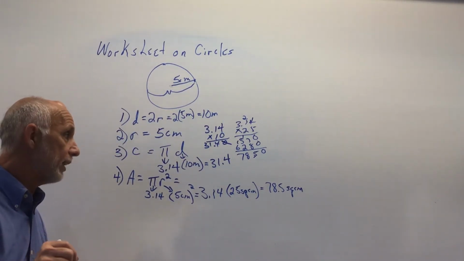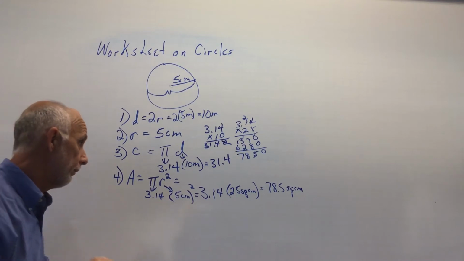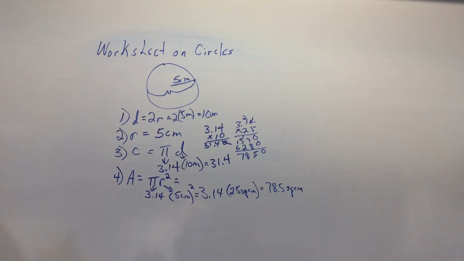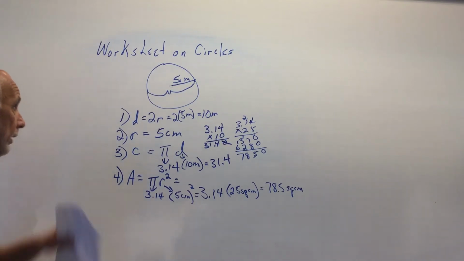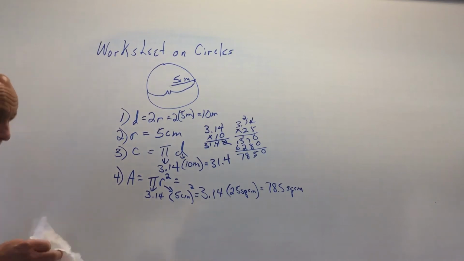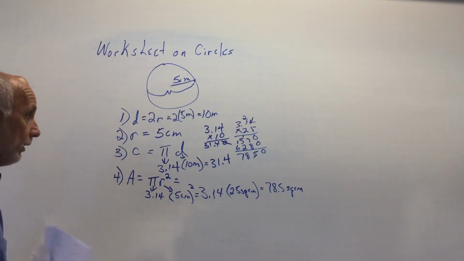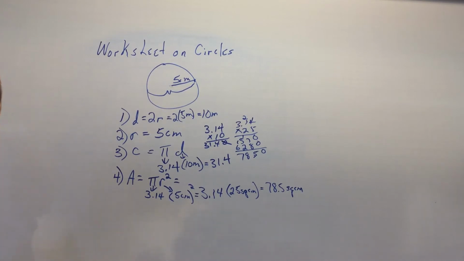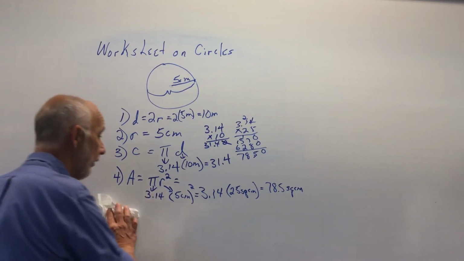All numbers must have units of measurement on them. All right? So that was actually the first 4 problems. Diameter, radius, circumference, area. If you know the diameter and you know the radius and you know the formula, it's easy to find circumference and area.